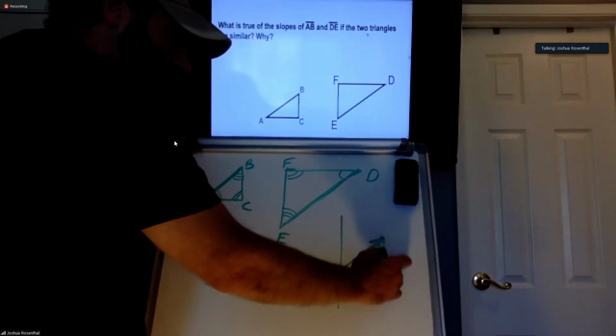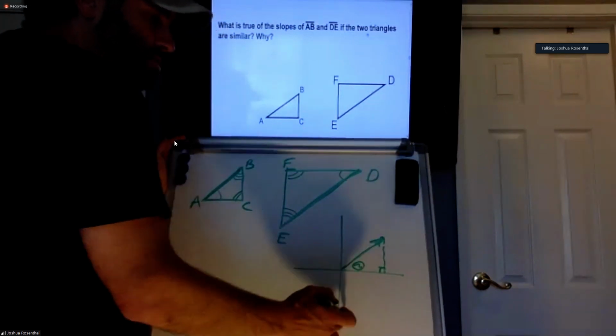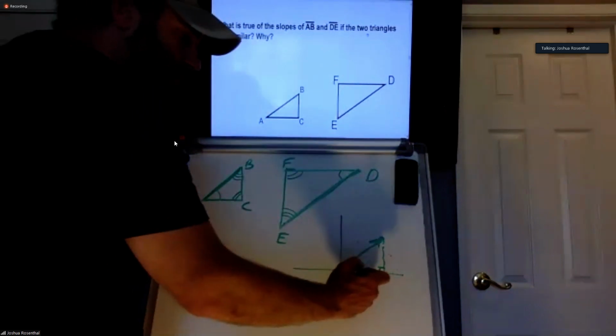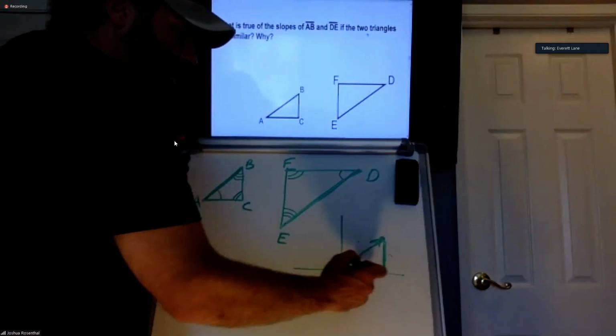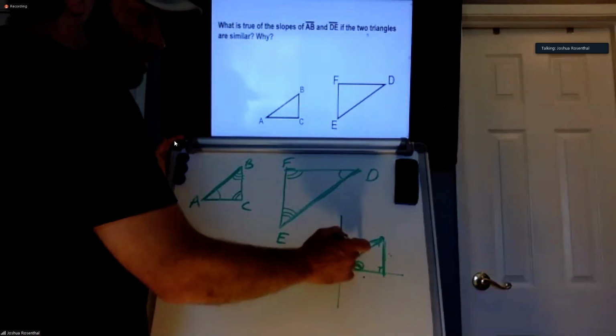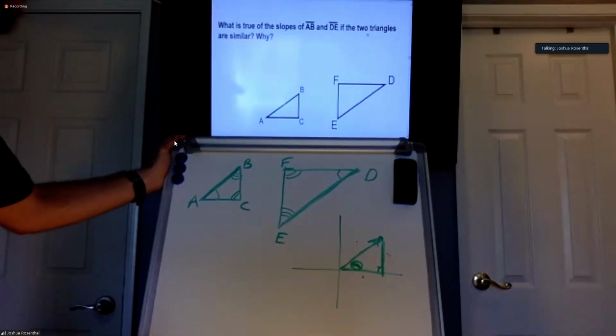So I can draw a right triangle and use the Pythagorean theorem to find how long that is, if I know how long the other sides are. And I can find this angle because we're going to teach you how to find that angle given 2 out of the 3 sides of a right triangle.